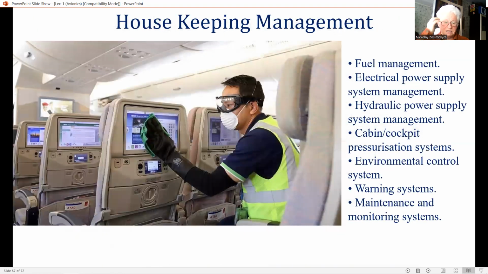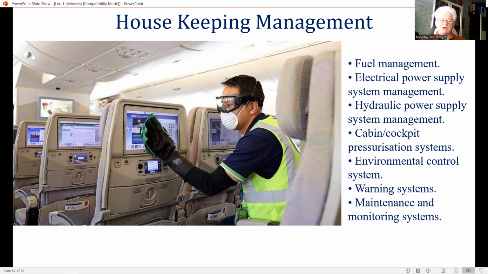Housekeeping management is the term used to cover the automation of the background tasks, which are essential for the aircraft's safe and efficient operation. Such tasks include fuel management.